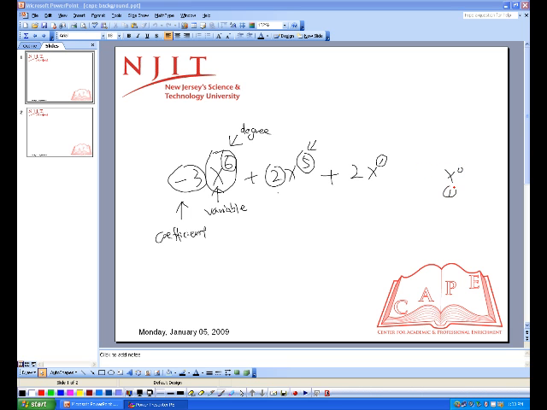Is there anything multiplied by 1? Not really. So the coefficient of that term will be 0. The coefficient of any term that doesn't exist in this polynomial will be 0. In that case, the coefficient of a degree 3 term, let's say, will be 0.